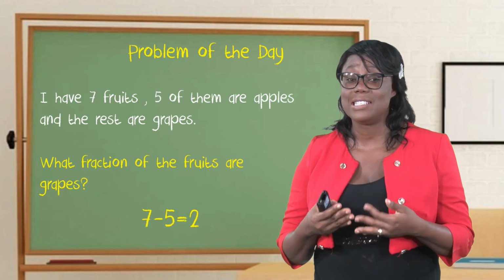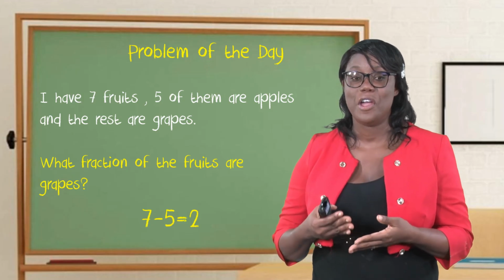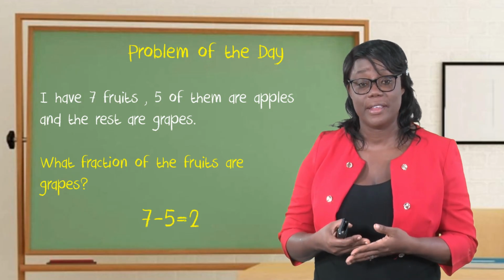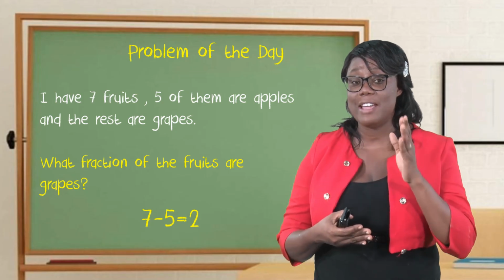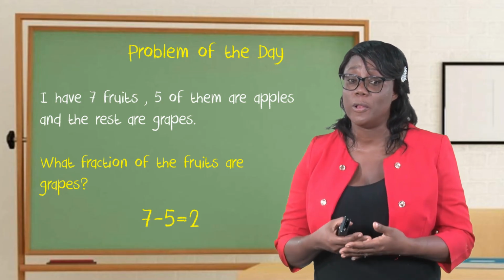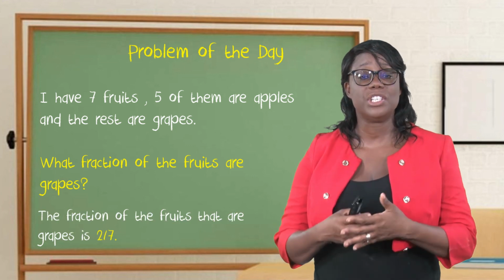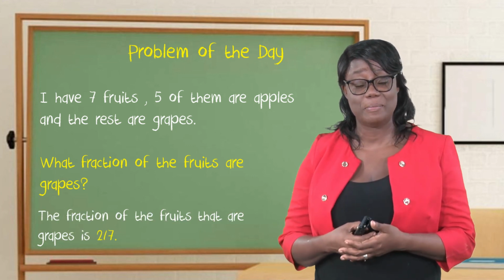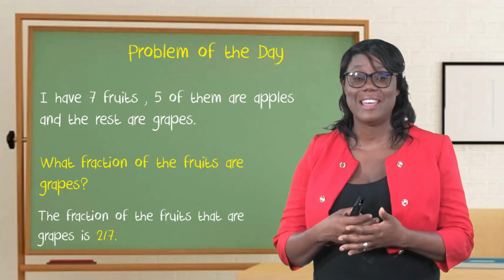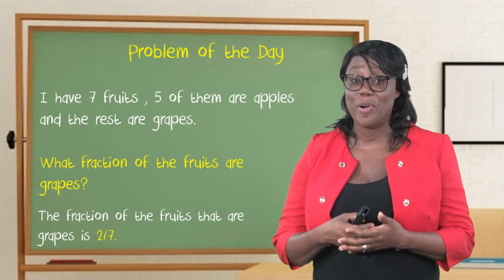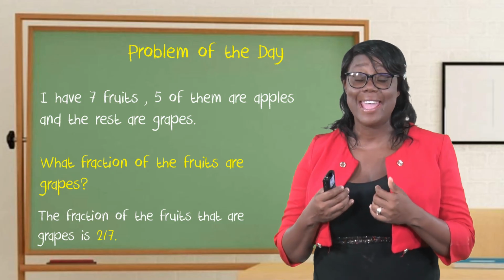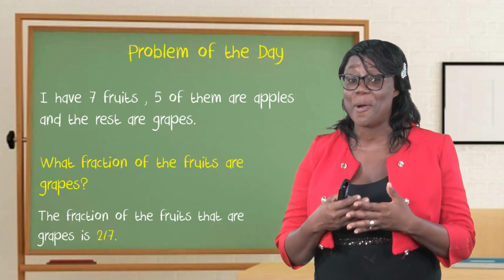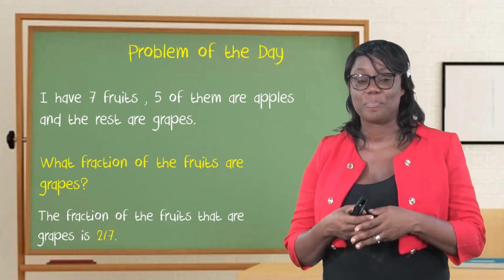Yes, you had to subtract the 5 from 7 because 5 of them are apples and 7 represents the whole. So the fraction of the fruits that are grapes is 2/7. Very good, boys and girls. I see you are awesome and excellent at solving my problem of the day.